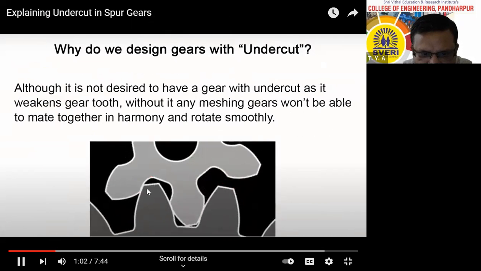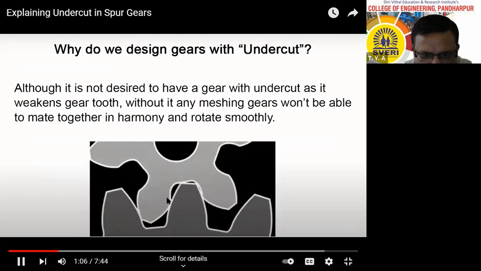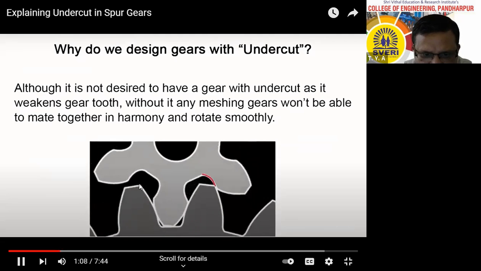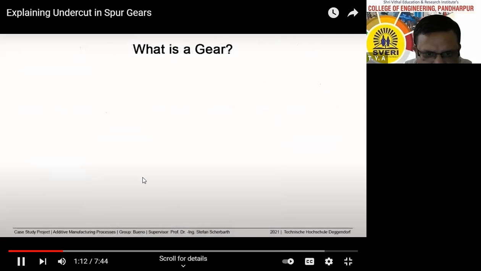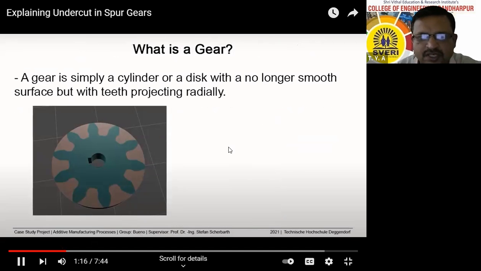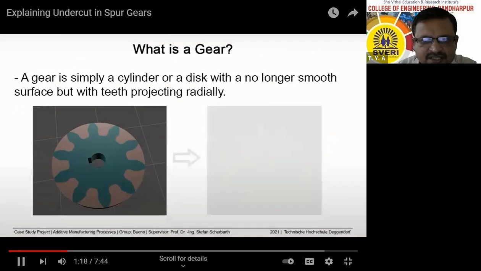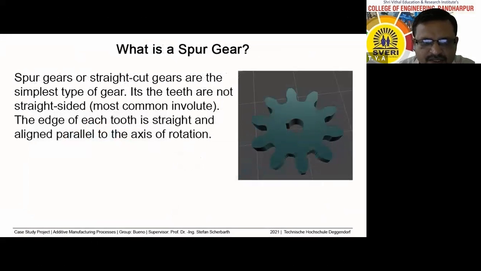Now this tip of the gear tooth is removing material from the flank of the gear tooth. See that this is the contact point. That's why this is known as undercutting. And because of undercutting, the tooth area at the base decreases and the tooth becomes weak. Gear tooth becomes weak.